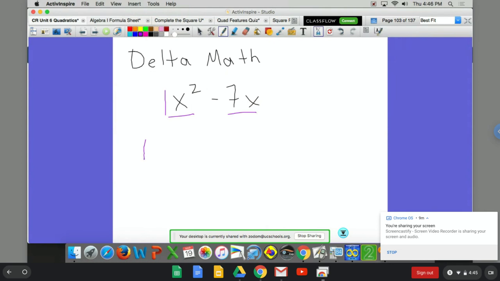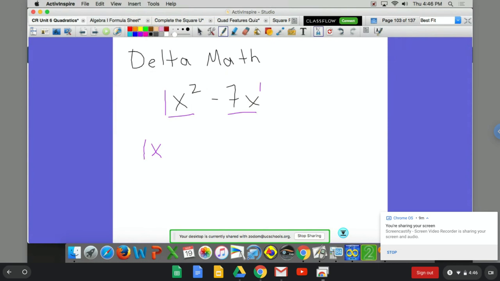So we can pull out a 1, but then the thing that we really need to pay attention to is each term has an x. Now, this negative 7x is really negative 7x to the first power. So the lowest exponent is going to be 1x.